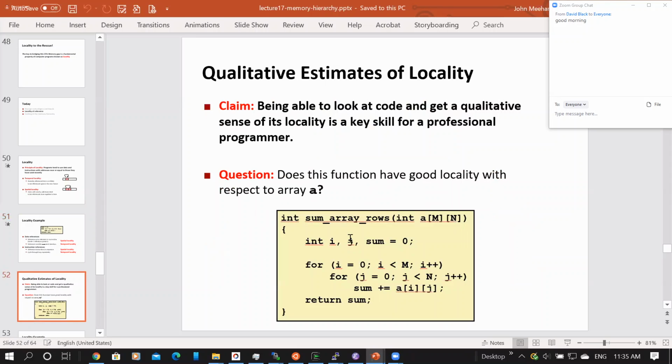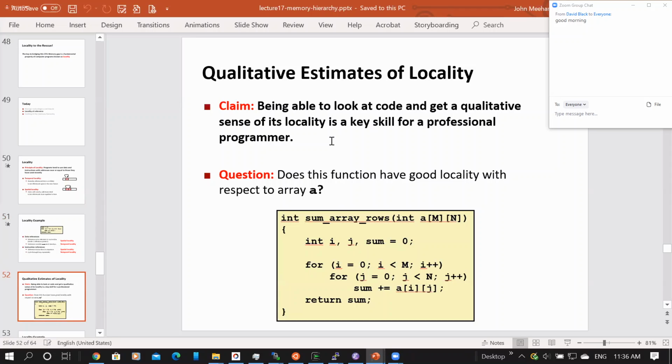So if we look at this loop where we have a nested loop walking across a two-dimensional array, the question is, does this exhibit nice, tight spatial locality? And the claim here is being able to look at code and get a qualitative sense of its locality is a key skill for a professional programmer.